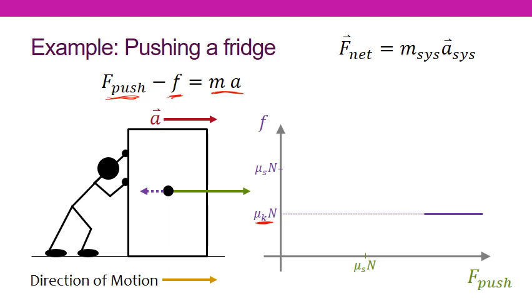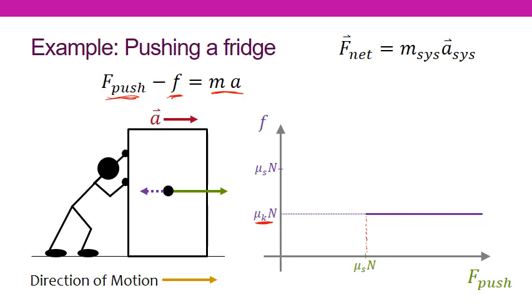Now notice my acceleration vector keeps getting smaller and smaller, but I'm still accelerating because my pushing force is still greater than the frictional force. Eventually I'm going to reach the point where, before, we switched between static and kinetic regimes, right here where my pushing force is equal to the static coefficient of friction times the normal force. You'll notice because I was already moving, I'm in a kinetic regime. So I'm still pushing too hard.